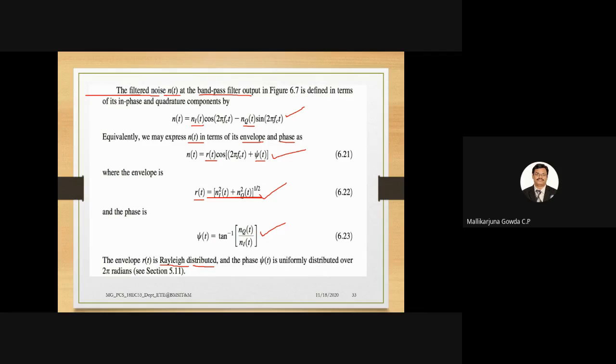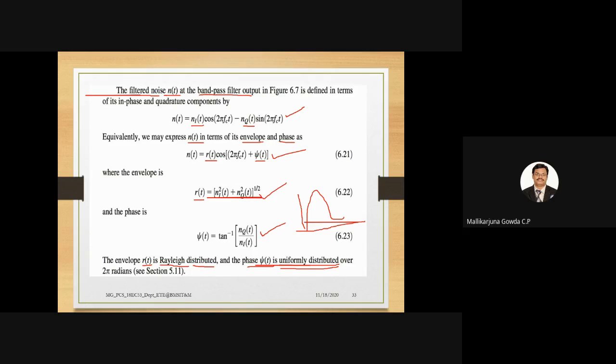So we consider the envelope R of t is Rayleigh distributed, and the phase psi of t is uniformly distributed. Please keep this in mind. The envelope will be Rayleigh distributed. The Rayleigh distribution looks like this. Gaussian will be at the middle, and this will be at one end. I hope this point is clear.